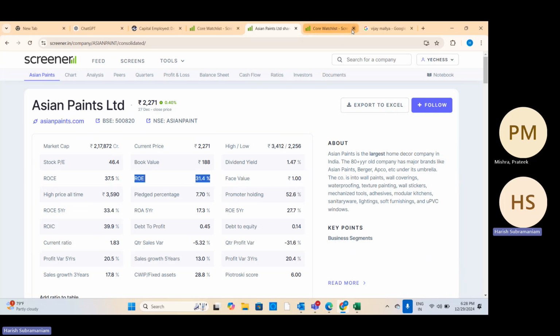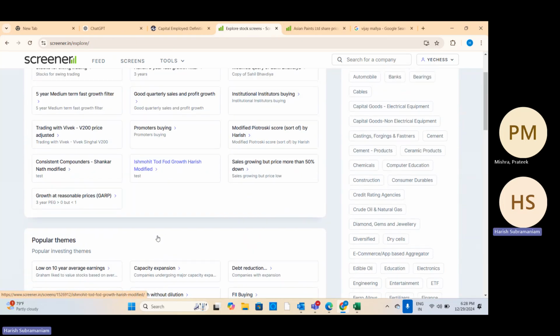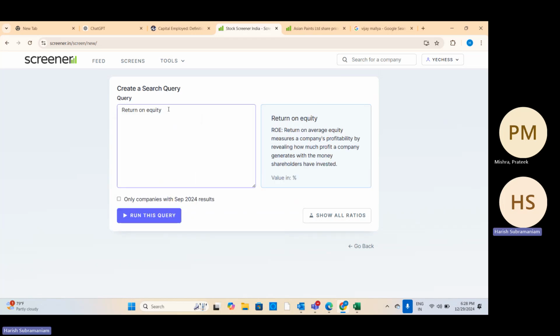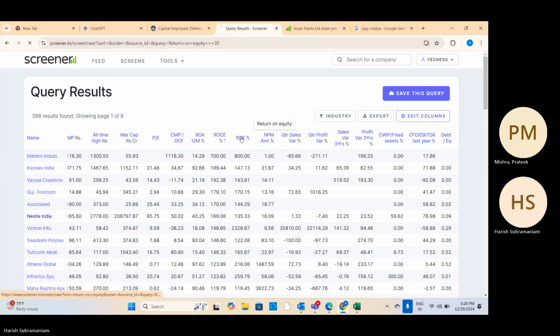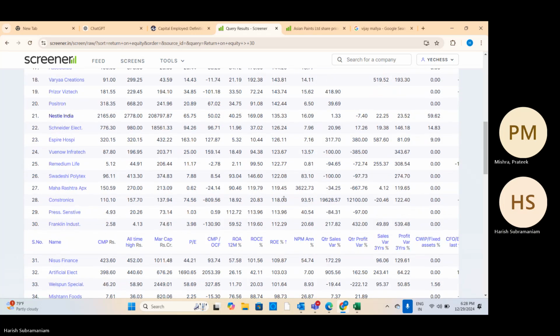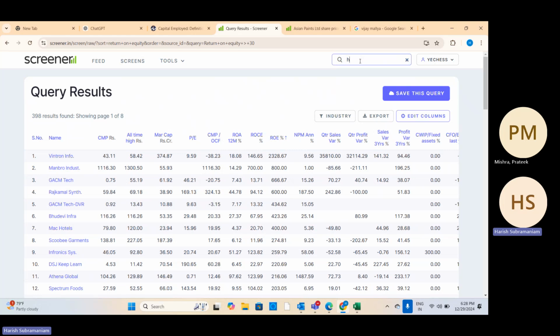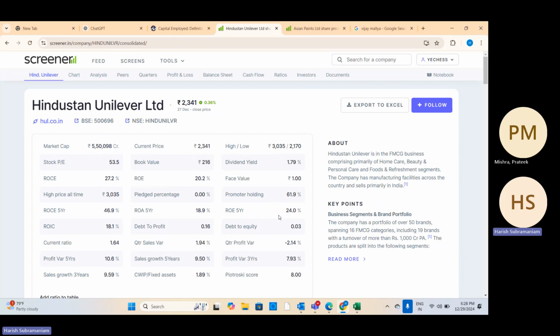So if we go to our screener, let me create a new screen saying return on equity is greater than 30. Let's just say we give this screen. Here is ROE. Some companies have a very high number, but let's look at the well-known marquee companies in India.